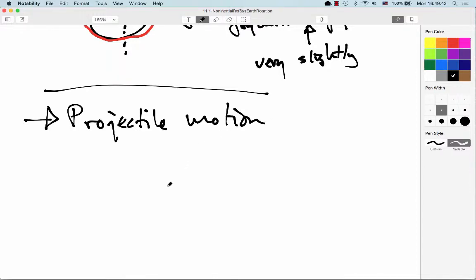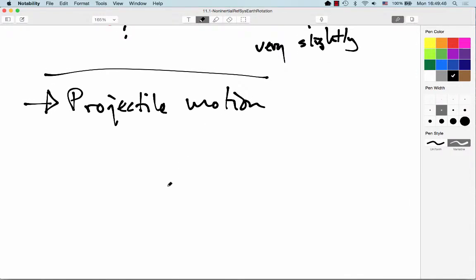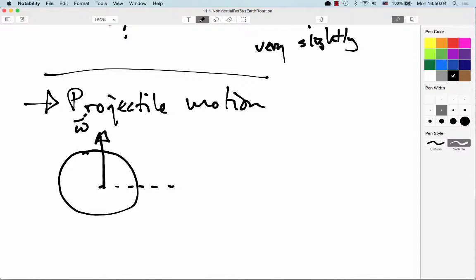All right, now here we're going to want to make a different choice of coordinate system, of non-inertial system, just to better match our own reality, our own experiences anyway. So there's omega. Again, the Earth rotates like that. And we are here. So that angle there, again, is our latitude.